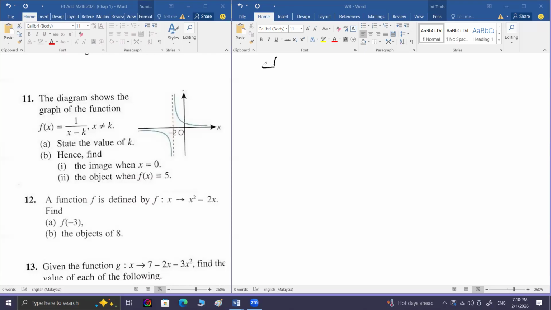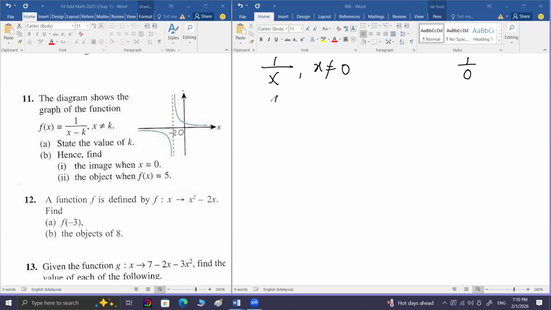If I give you 1 over x as the function, x cannot be 0. Why? Because I taught you before, any denominator cannot be 0. If you apply 1 per 0 on the calculator, what do you get? Math error, meaning undefined.